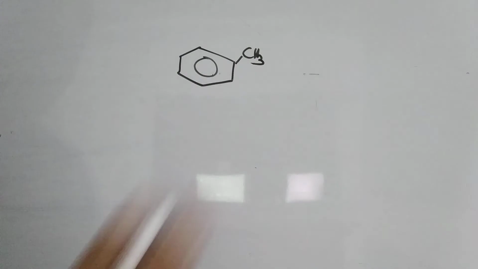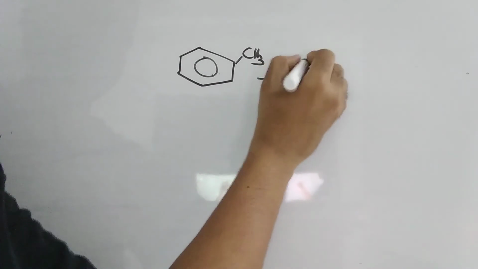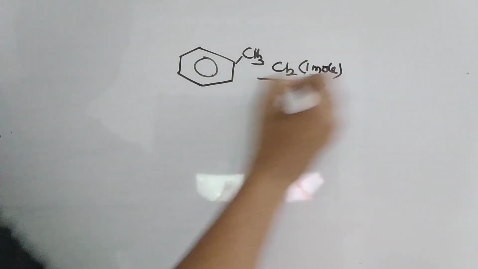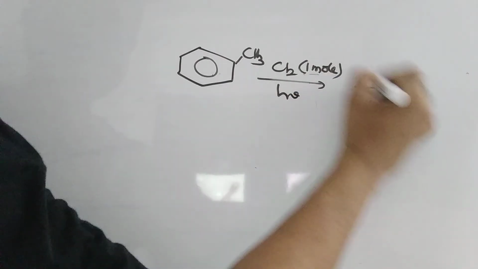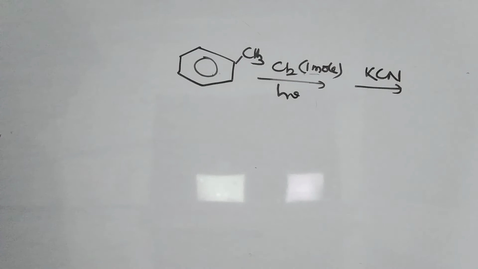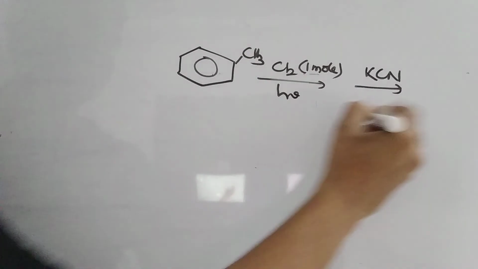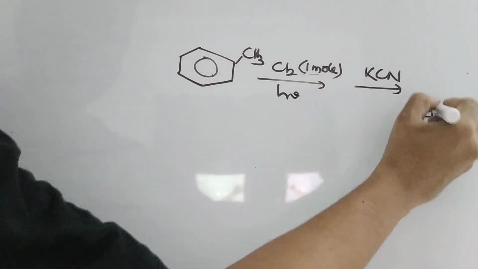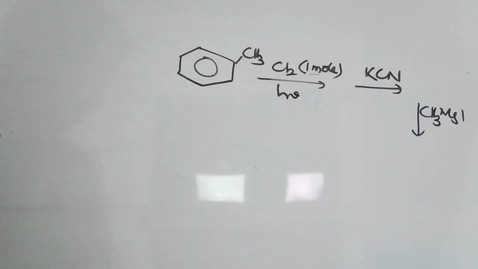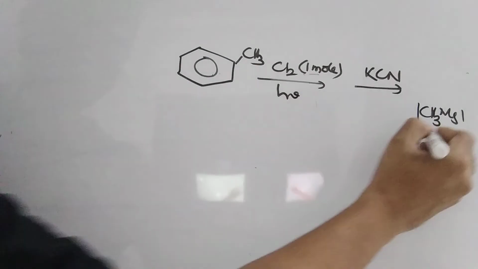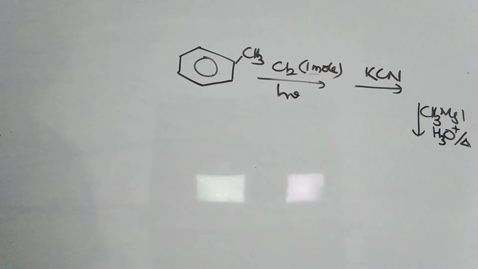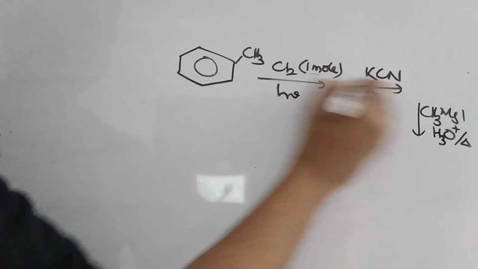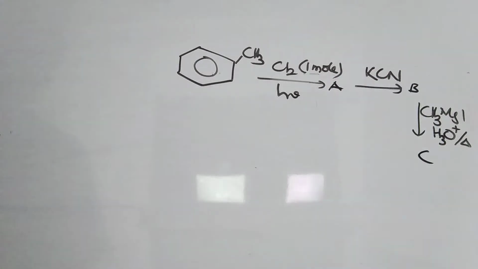First, I have taken toluene, then chlorine 1 mole, light I am using, then KCN, then after this I am using methyl magnesium iodide CH3MgI. After that the step is H3O plus, heat. You say this is A, this is B, this is C.